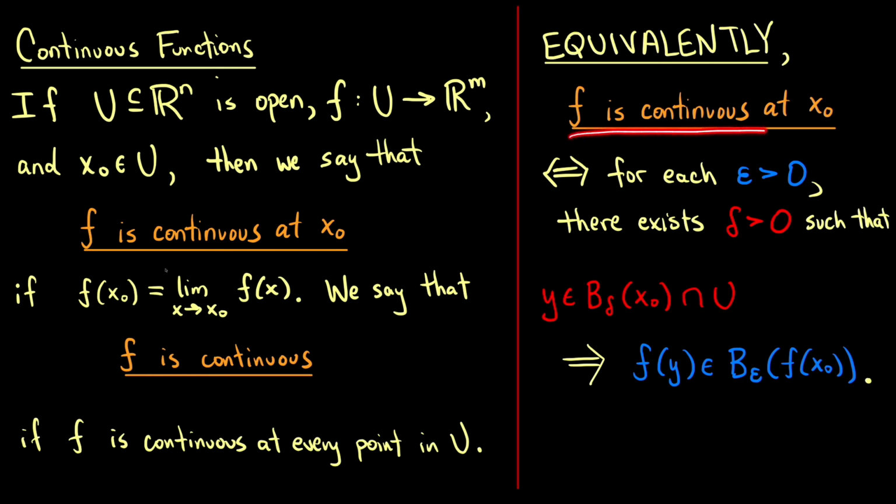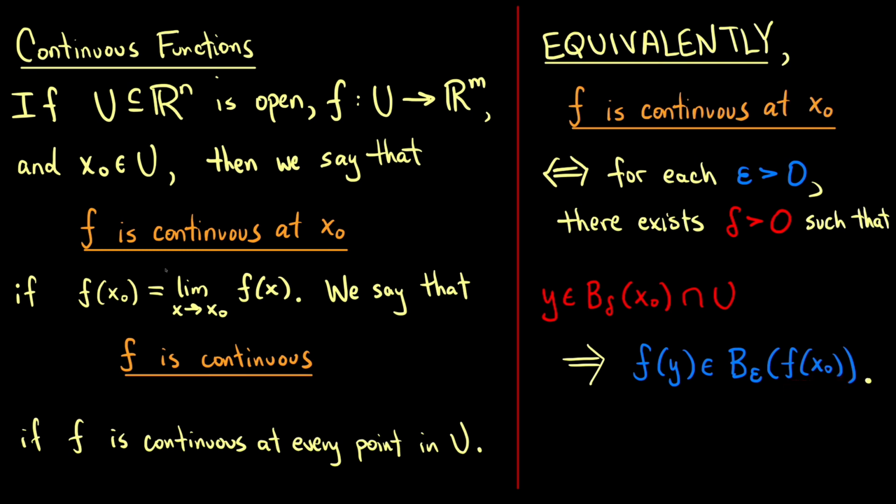f is continuous at a point x naught if, for every epsilon positive, there's a delta positive. Earlier I was calling this r, now I call it delta, such that if you look at all points which belong to the ball centered at x naught of radius delta and belong to the domain, then the output of those points must be in the epsilon ball centered at f of x naught.